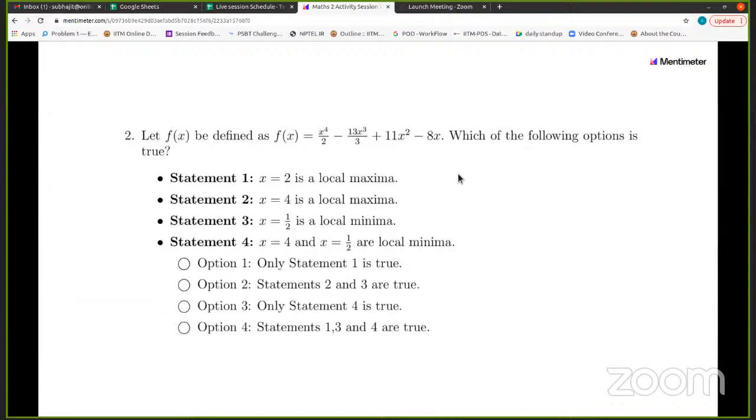Yeah, got it. I made a small mistake. I think you calculated it wrongly. No, while I was putting in the values and calculating, I made some mistake.